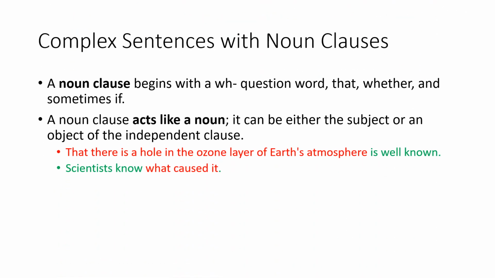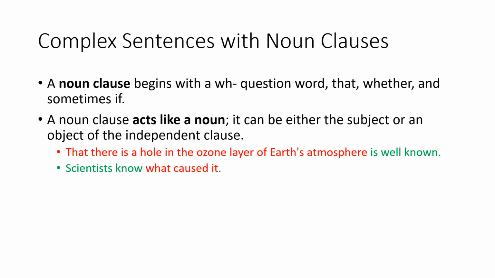Complex sentences with noun clauses. A noun clause begins with a WH question word, that, whether, or sometimes if. A noun clause acts like a noun. It can be either the subject or an object of the independent clause. For example, that there is a hole in the ozone layer of the Earth's atmosphere is well known.